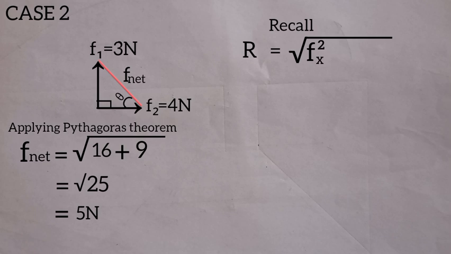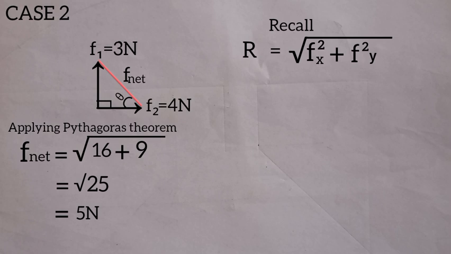Fx means forces acting along the x-axis. Plus F1, which is Fy, all squared. So we can write it this way also, because we only have two forces.